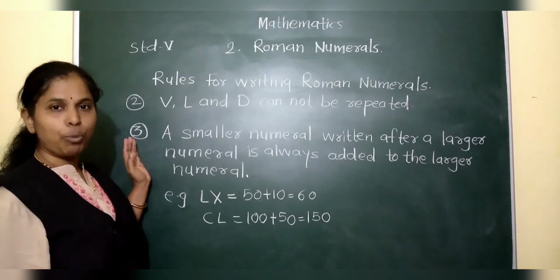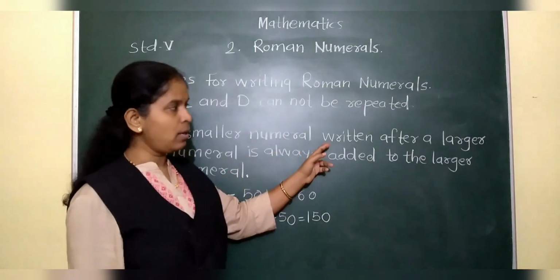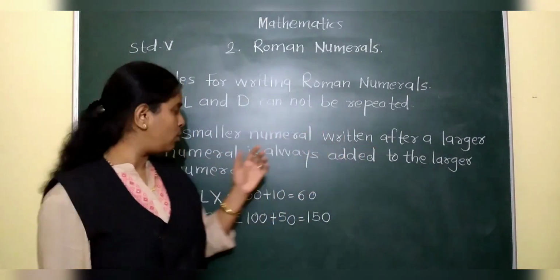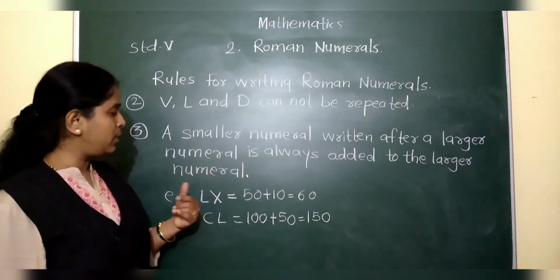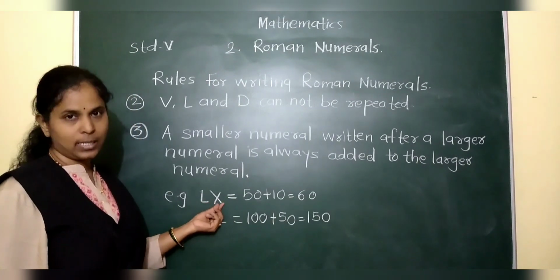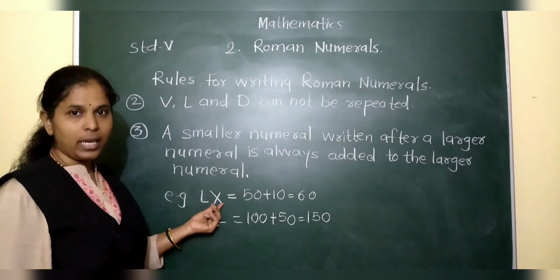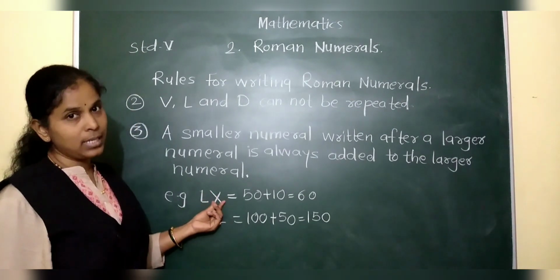Next, another important rule: a smaller numeral written after a larger numeral is always added to the larger numeral. Earlier also in the introduction I had explained it. See the meaning of this. Now see the examples of L and X. L stands for 50. X stands for 10. Now L is greater and X is smaller.